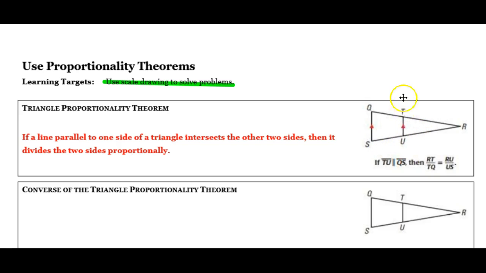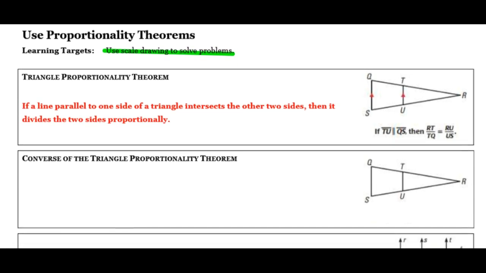So if it helps, you could think of TU as your fraction line, and this segment on top of this segment, and then here's our fraction bar again, RU on top of US, if that helps you to set up your proportion.